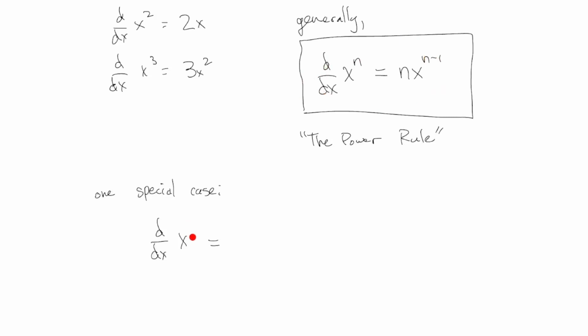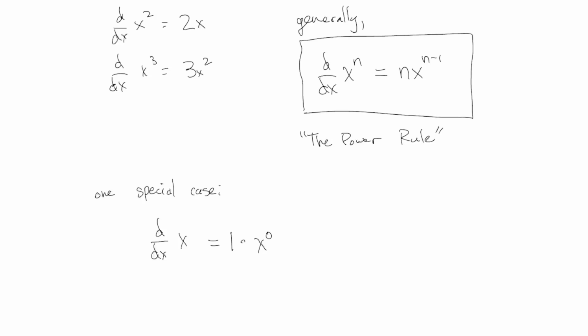There really is an exponent here. It's just not written. What is the exponent really? It is 1. Yes, I see some fingers. So the true exponent is 1 here. So I'm going to use this formula in the case when n is 1. What do I get? I get 1 for the n, 1 times x to the power n minus 1. The n is 1, so this is now x to the power 0.